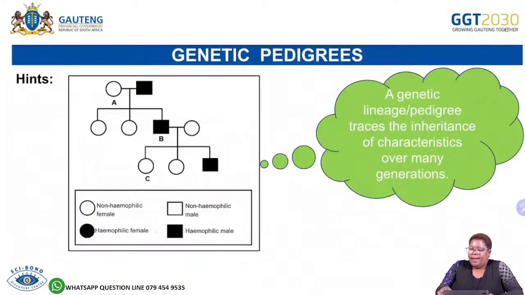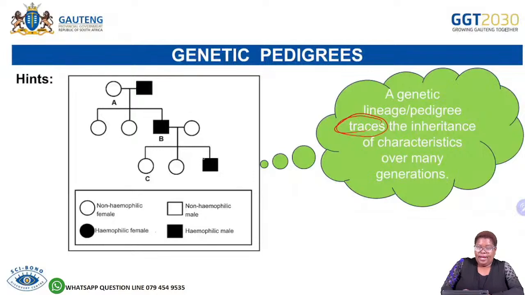So with a genetic pedigree, most importantly, it traces the inheritance of characteristics over many generations. I'm giving you the hints there.